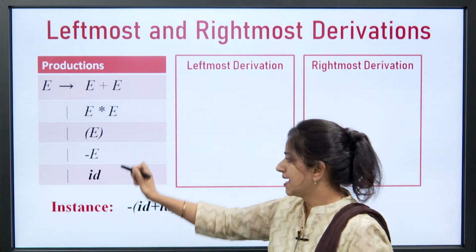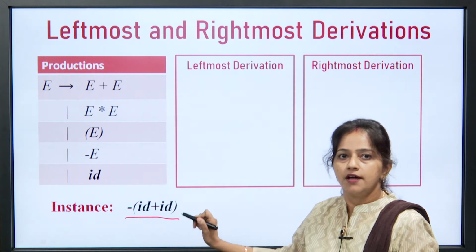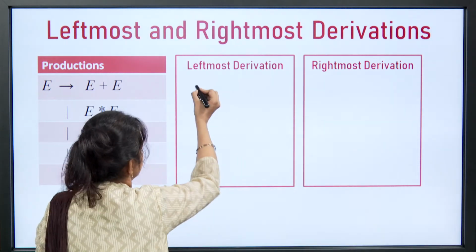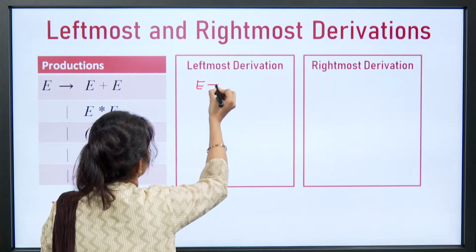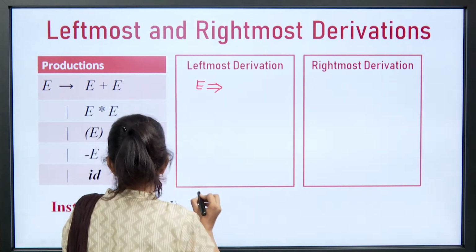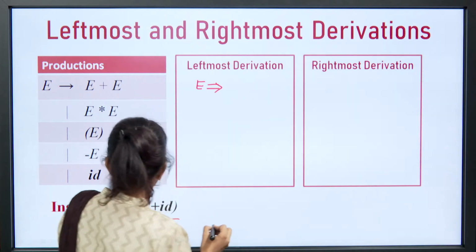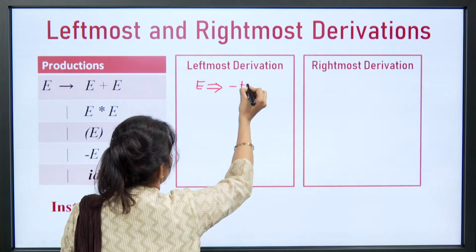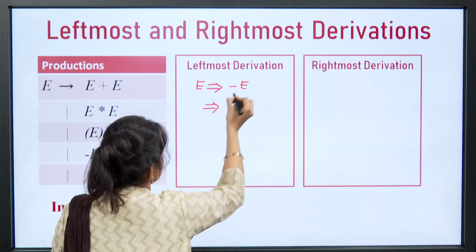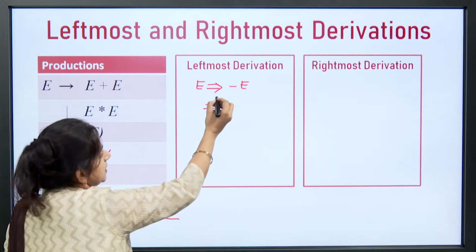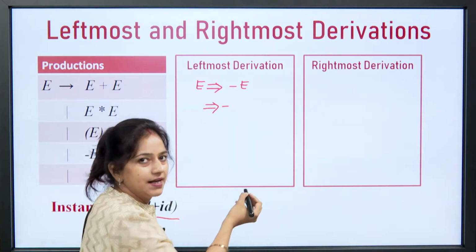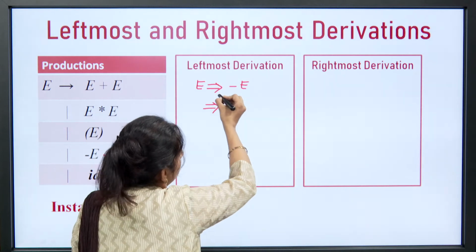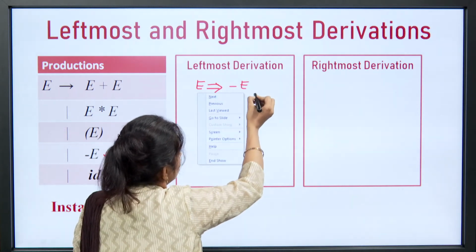So, the grammar is the same and the instance is also the same. Now, for this instance, first of all we will obtain the leftmost derivation. So, for obtaining the leftmost derivation, we will write E derives. Here we should again use the alternate E2 minus E. Now, how to get the leftmost non-terminal: just scan the sentential form from left to right and replace the non-terminal that we get first.